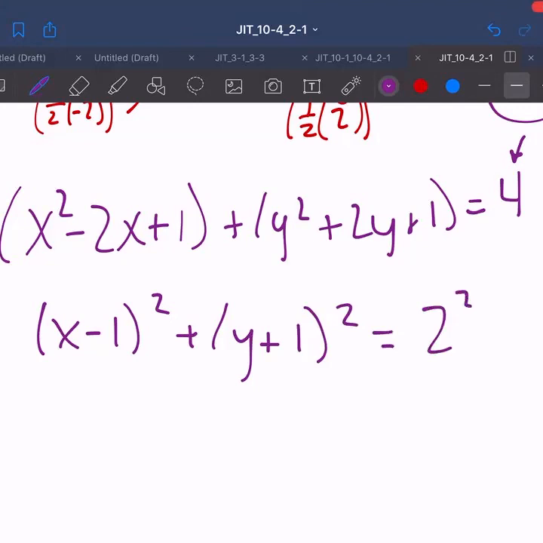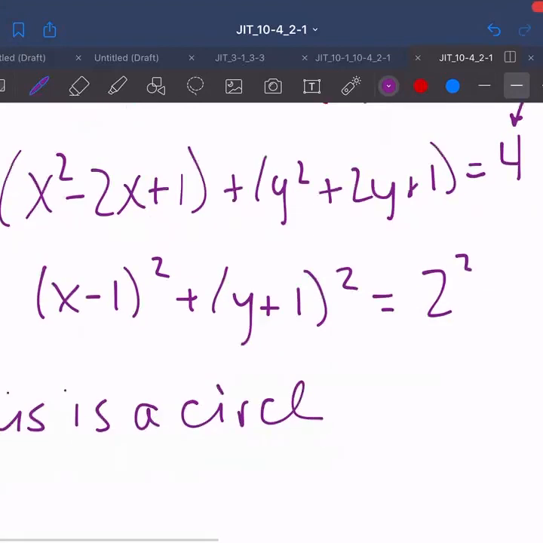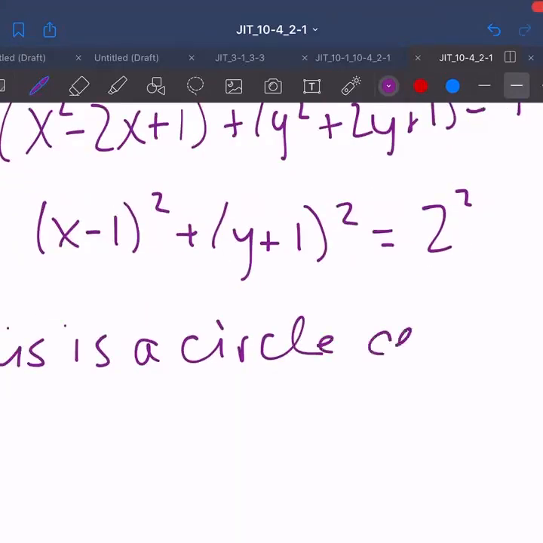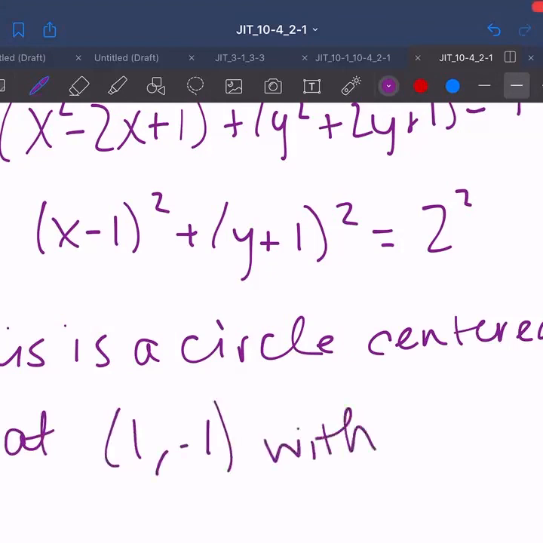So then we can see this is a circle centered at (1, negative 1) with radius 2.